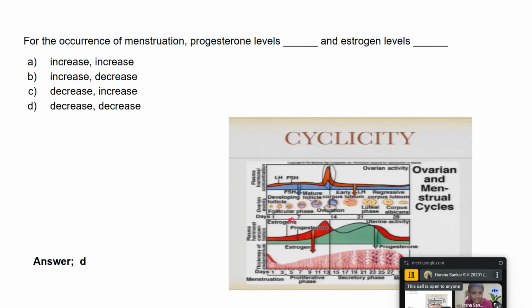Is it high or low here? Red is estrogen, green is progesterone. So it's decreased in menstruation. Yes.